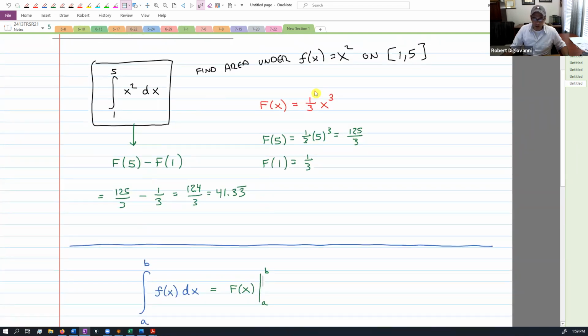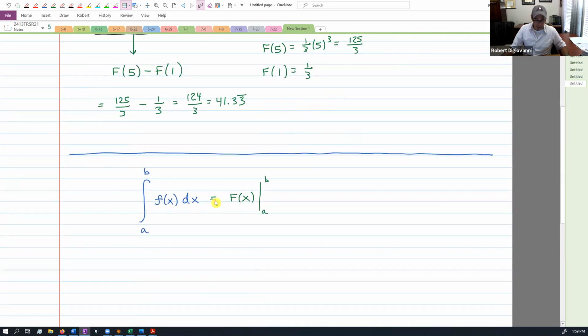Instead of figuring it out like scratch work on the side, I'm going to have it right here within my answer. I'll write the antiderivative down, I'll put the two endpoints, and then this bar is what we refer to as the evaluation bar. Simply said, all it really means is take B, plug it in, subtract A plugged into the antiderivative. So this is the new piece right here.